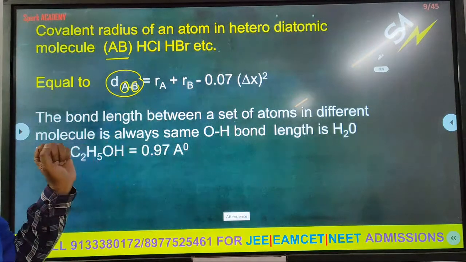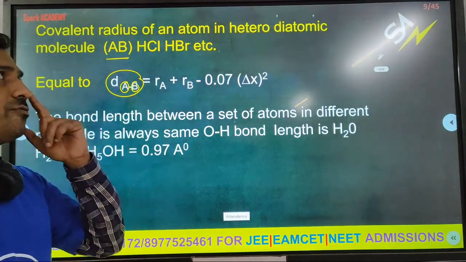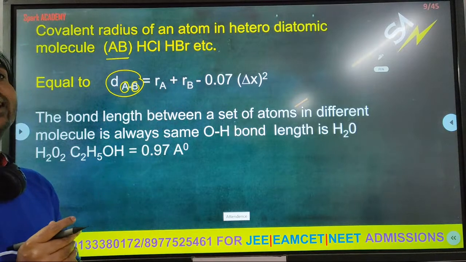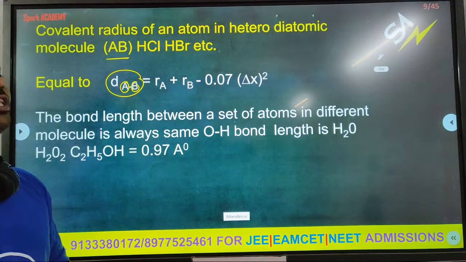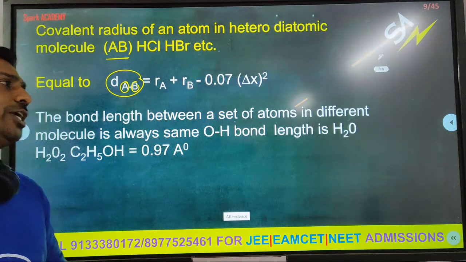These covalent molecules are made up of non-metals, and non-metals have electronegativity. That electronegativity difference is also taken into account for the covalent radius of a heterodiatomic molecule.